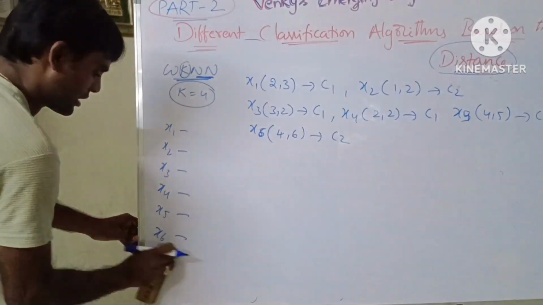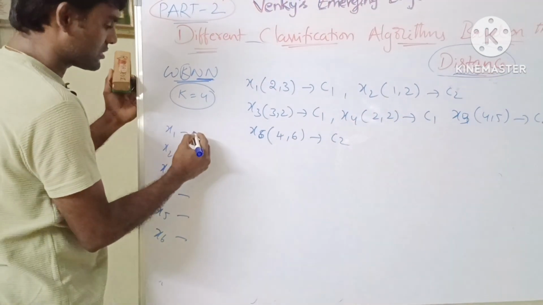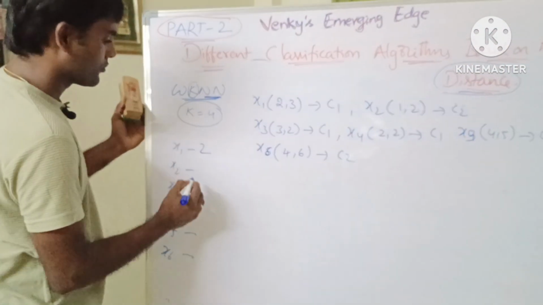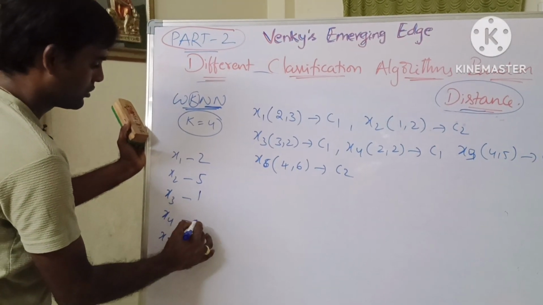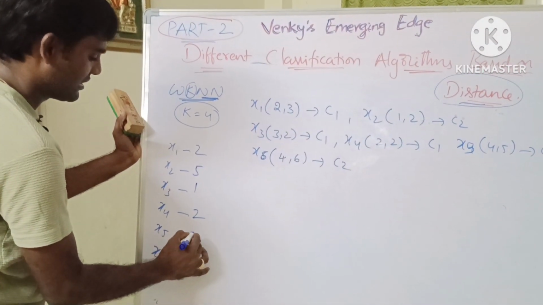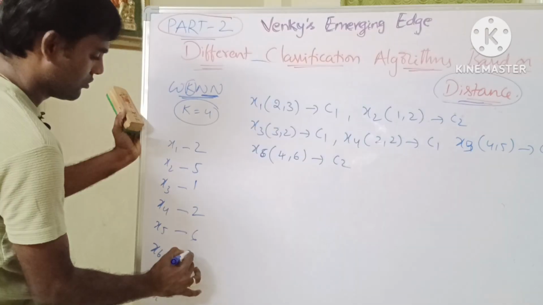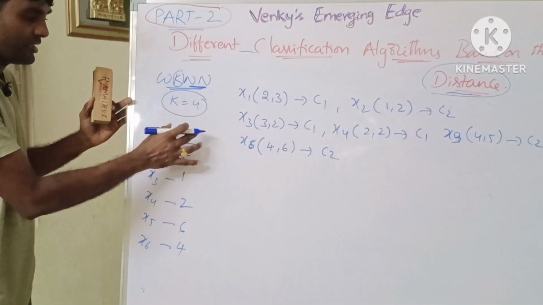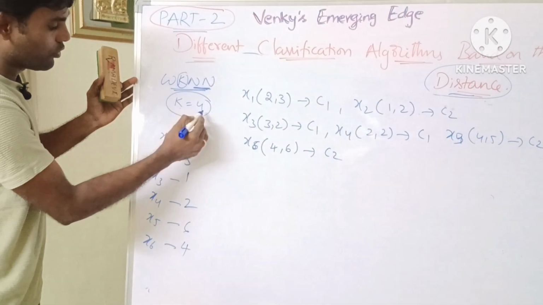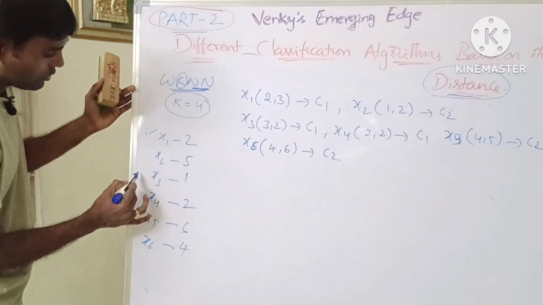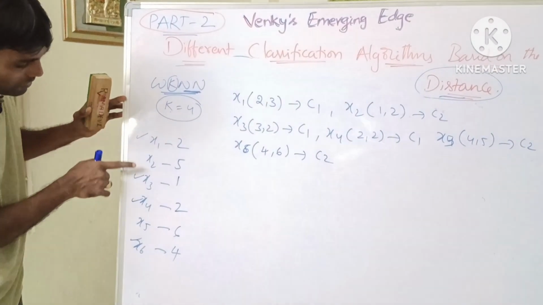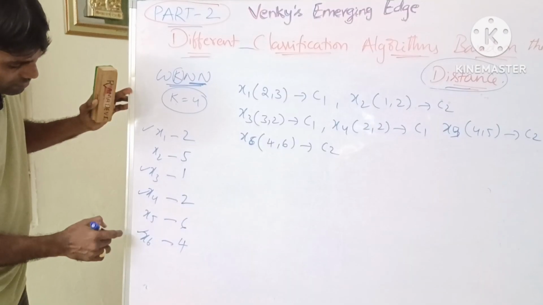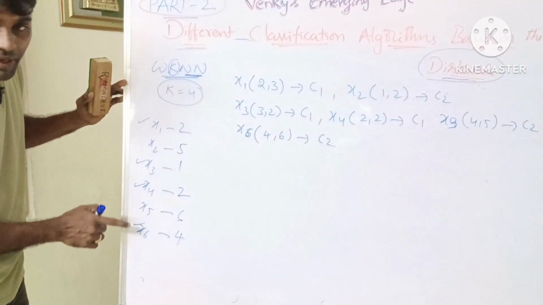First the distances, for example 2, 5, 1, 2, 6, 4. These are the distances. But K equal to 4, so select only 1, 2, 3, 4 samples. That means x1, x3, x4, x6.